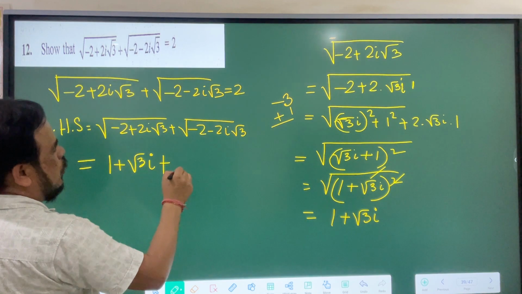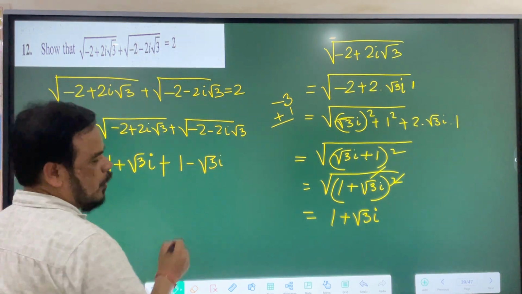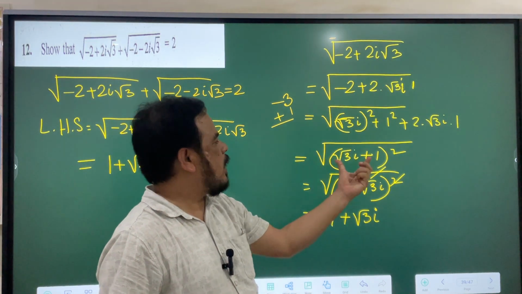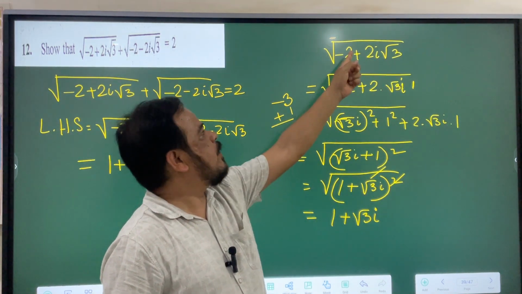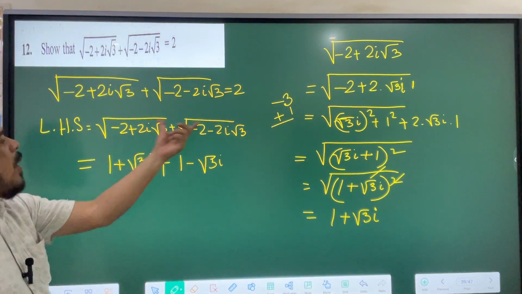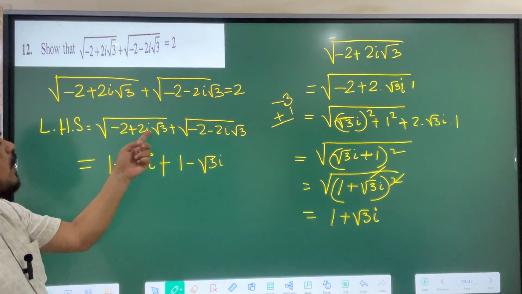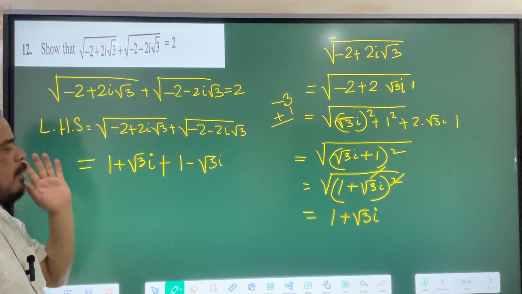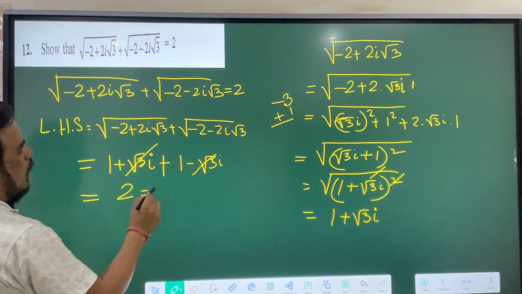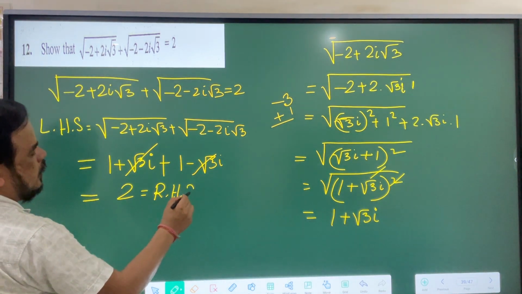Here minus 2, so 1 minus root 3i. Understood? Minus 2 plus 2i root 3 is a plus b whole square, and minus 2i is a minus b whole square. So minus root 3i plus root 3i cancel. 2 equals the right hand side.